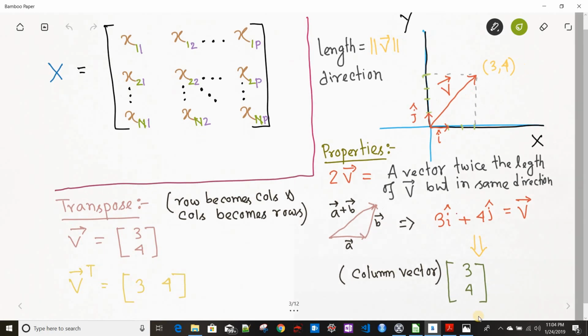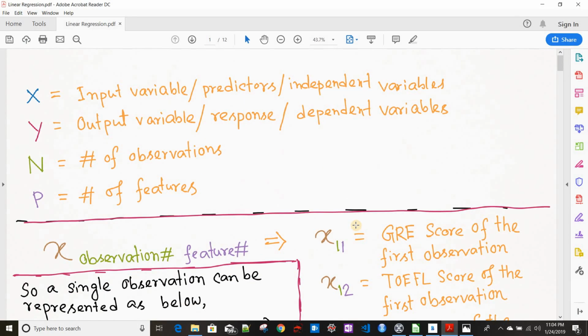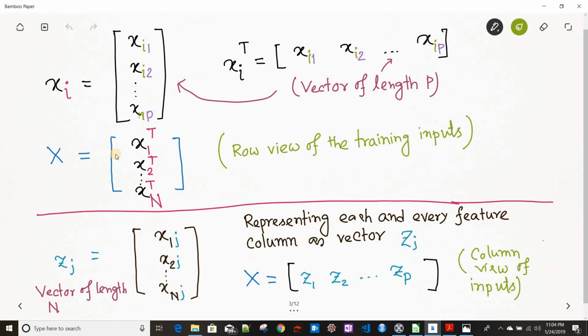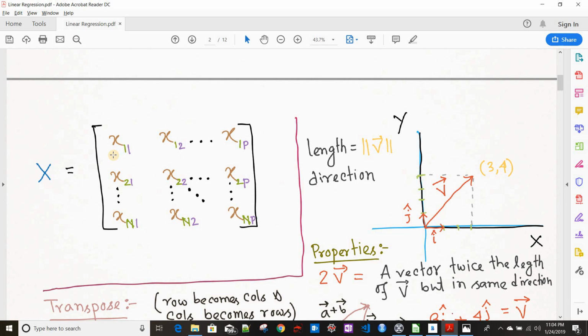With this concept of vector, let us try to implement X in a vectorized form. For that, I'll go back to the X here so that we can reference it. Let us introduce another notation. If you think about all the rows of X, X11, X12, up to X1p, the first subscript is not changing row-wise; only the second subscript is changing, because our feature index is changing till p, right?